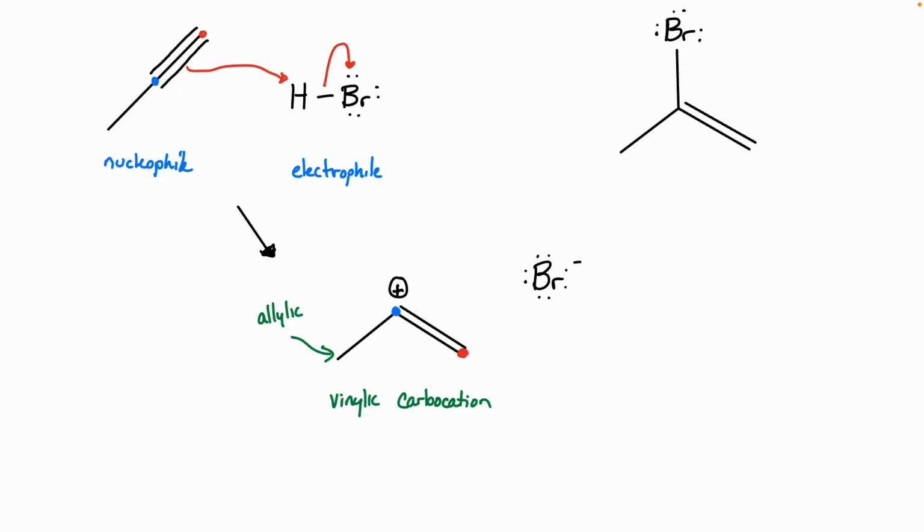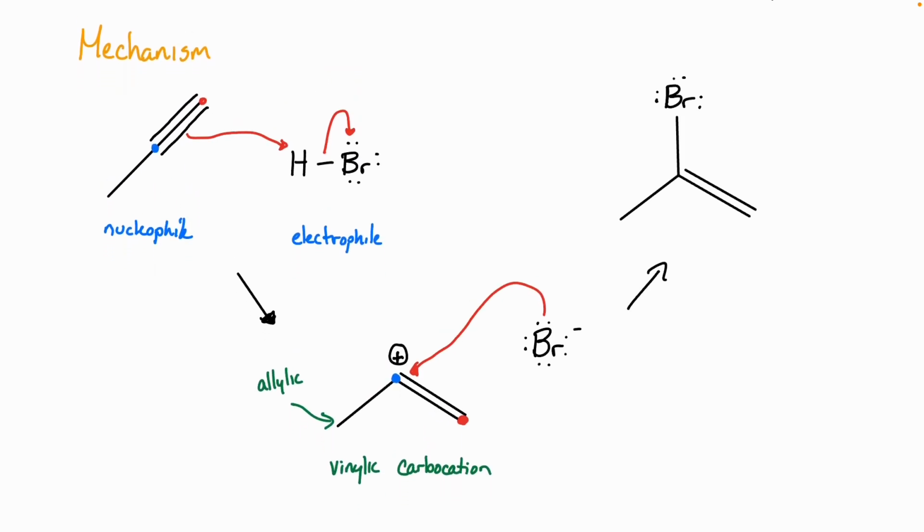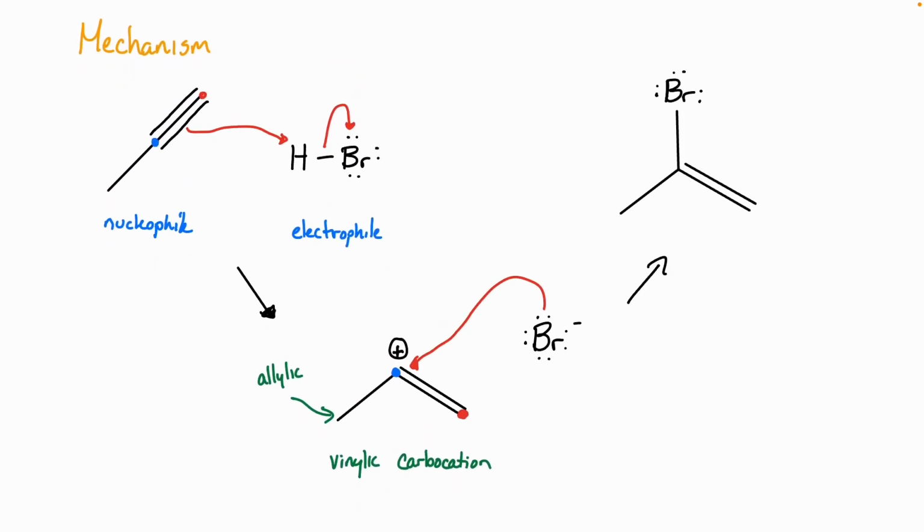Right, we just need to draw our one electron pushing arrow, our bond formation arrow. Okay, so again, HBr addition to a pi bond, we go through that carbocation intermediate, which is why we have this Markovnikov addition, where it's going to form on the more substituted carbon.